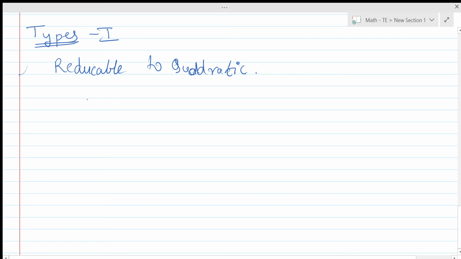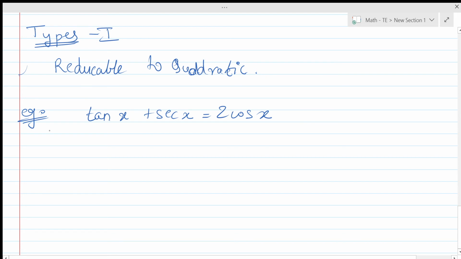Let's hop in directly to a difficult question. I mean, it's not difficult, but you'll see. For example, I say tan x plus sec x is equal to 2 cos x. Now how do we solve this?